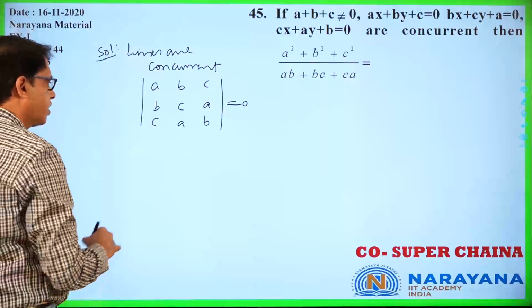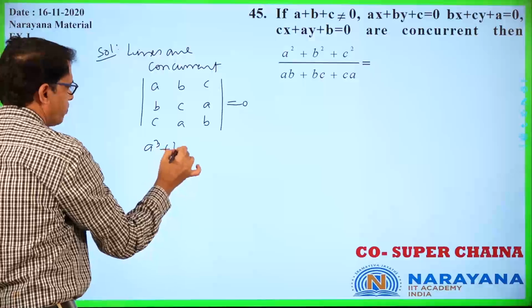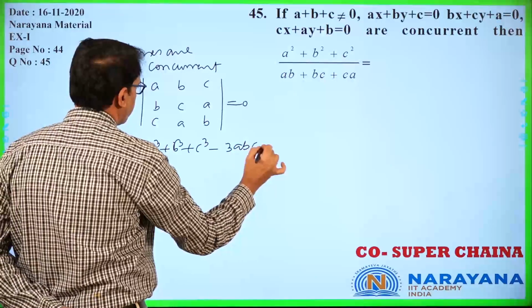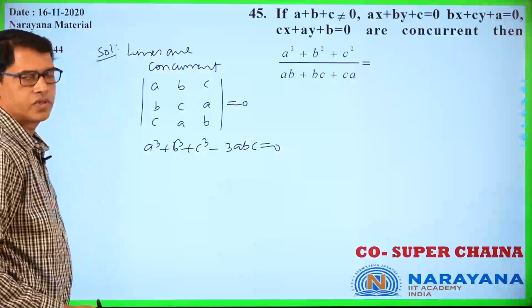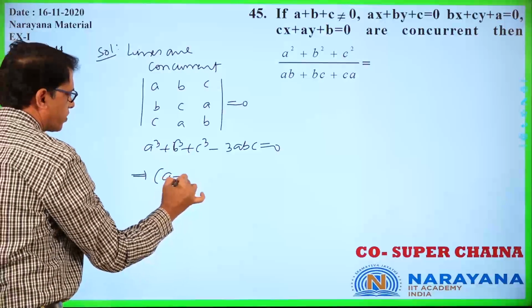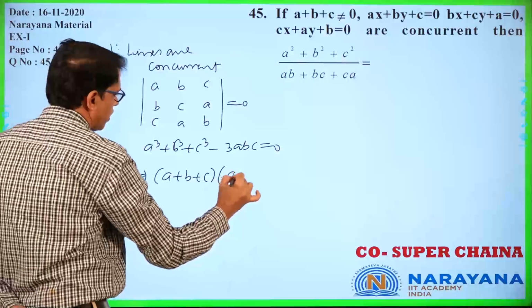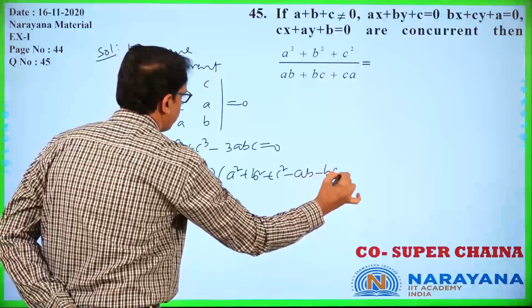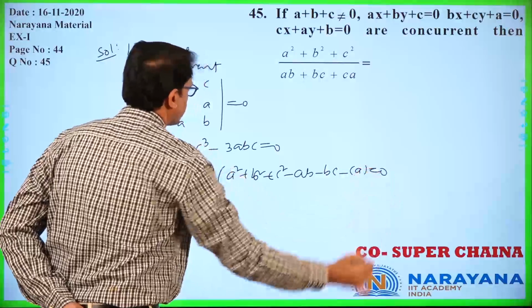So what is the result? a cube plus b cube plus c cube minus 3abc equal to 0. So from this one we have the result that implies (a plus b plus c) into (a square plus b square plus c square minus ab minus bc minus ca) equal to 0.